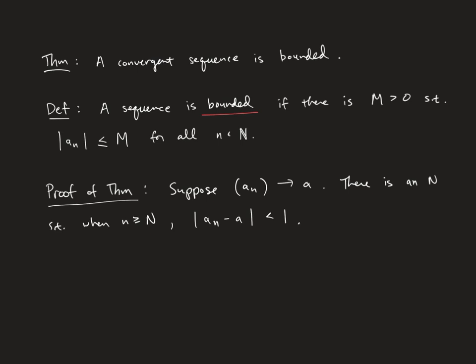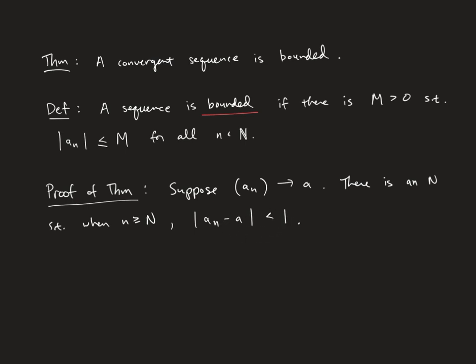Okay, so that's what we talked about in that picture there, and so that's going to allow us to control all of the an's that are bigger than this n. And now we're ready to say what m is. This m just has to control all of the finitely many an's before this capital N point, and then it just has to control everything in this epsilon equal 1 neighborhood around a.